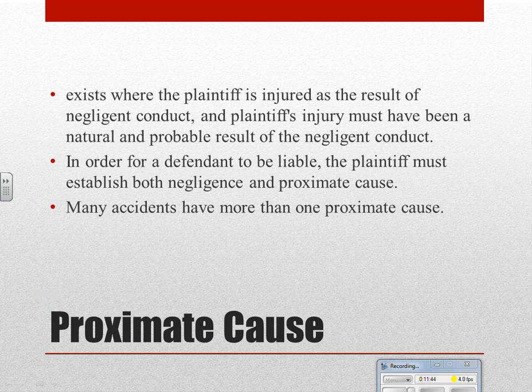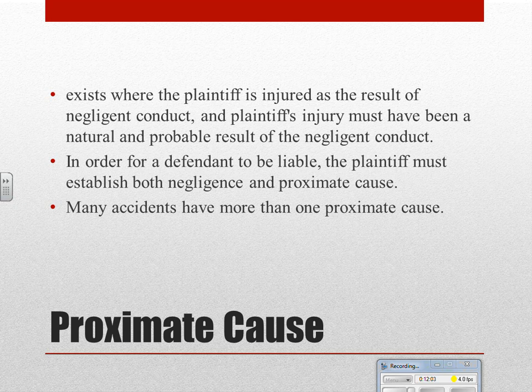Okay, so first in our negligence, we have proximate cause. So this exists where the plaintiff is injured as a result of the negligent conduct. Remember, in tort law, when we speak of the plaintiff, that is the person who has received the injury.